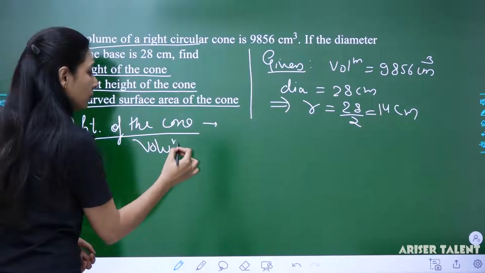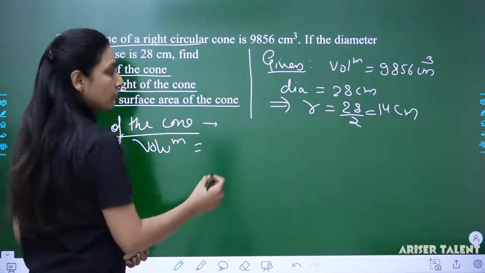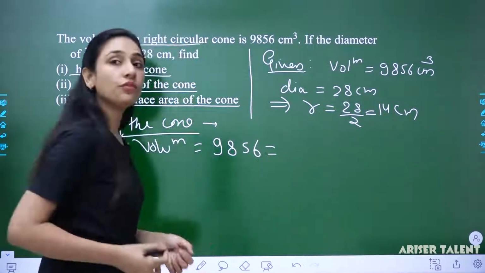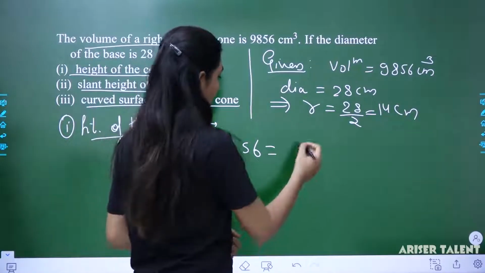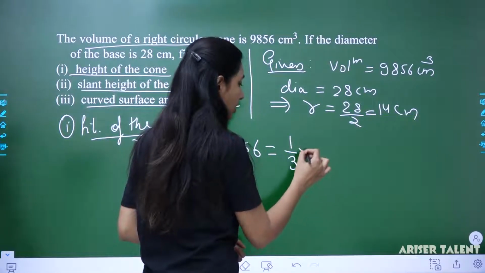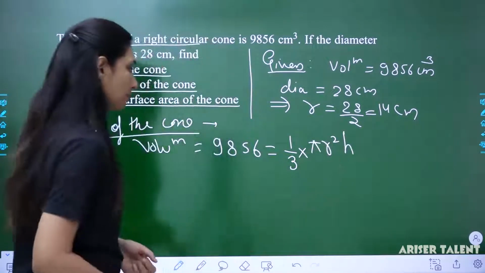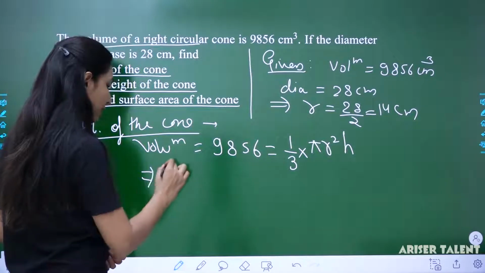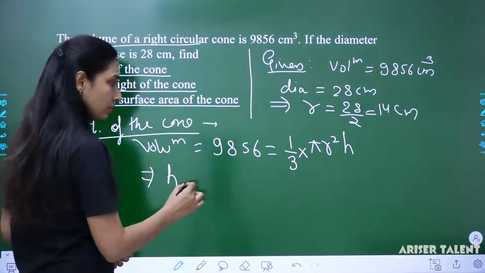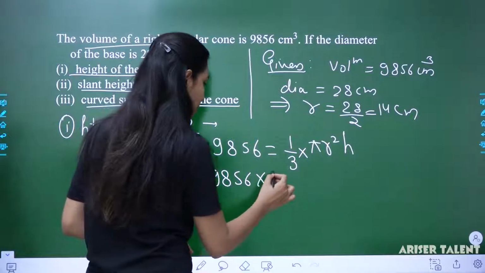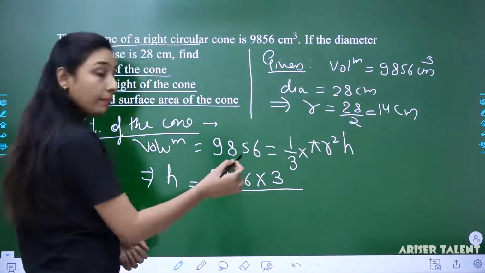Volume of cone is equal to 9856. This is given. But what is the formula of it? The formula is 1/3 pi r square h. This implies that h will be equal to this multiplied by 3 divided by pi.